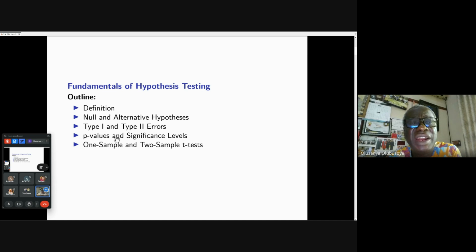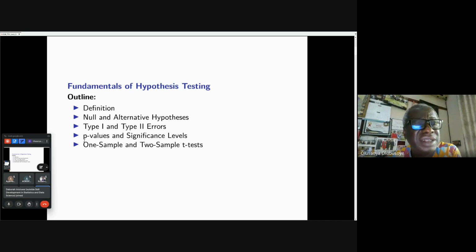And how do we arrive at decisions? To arrive at decisions, we need to use statistical tools, and among them are p-values and significance levels. What do they mean? You will also understand what they mean and how they are used in hypothesis testing, or in decision making, so to say.